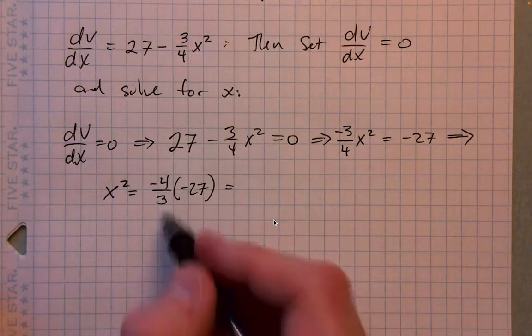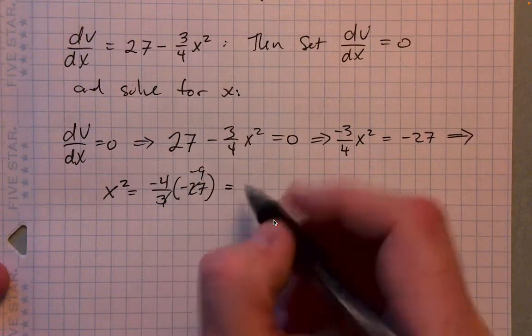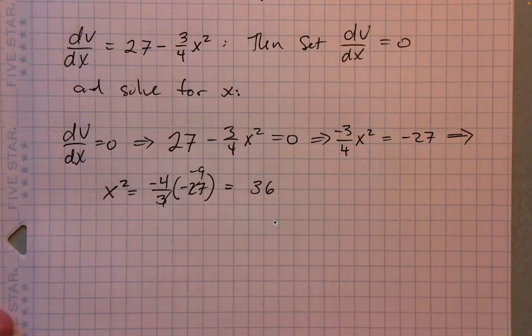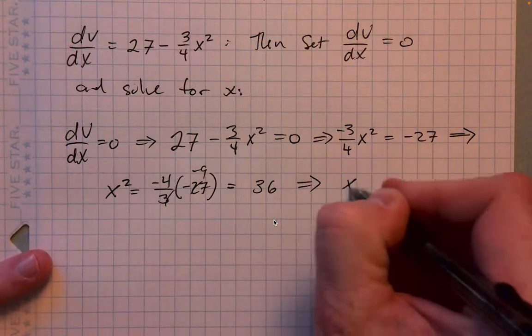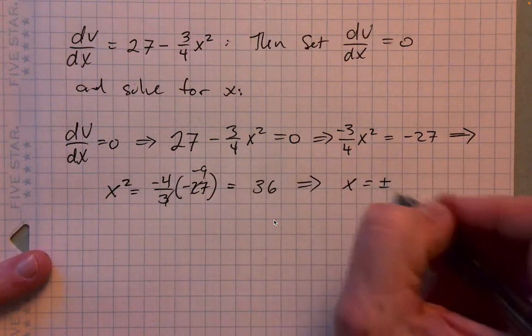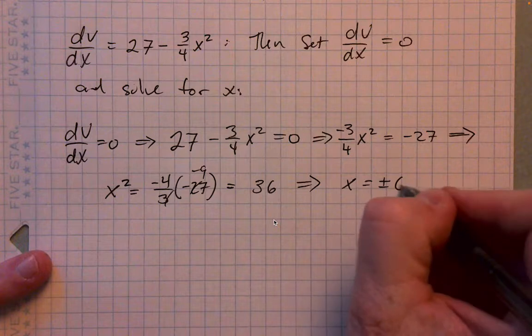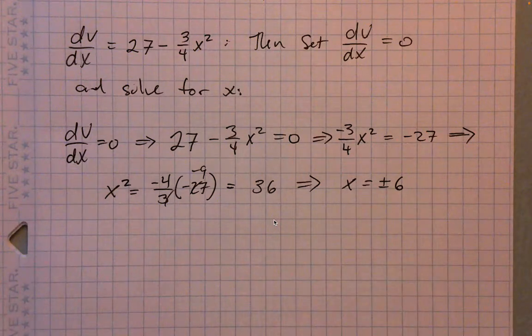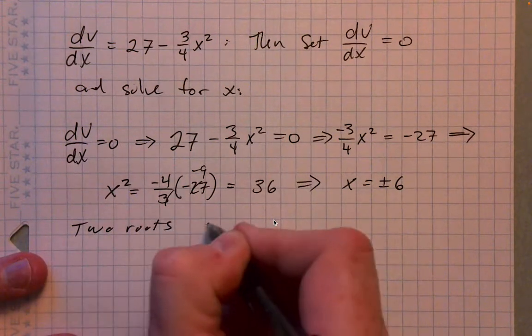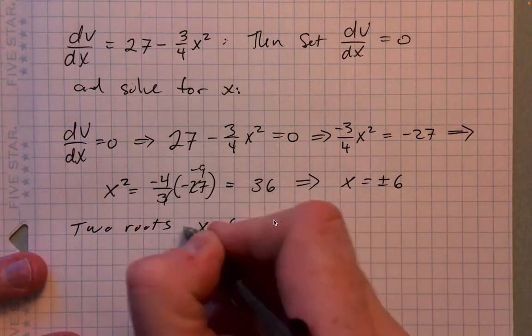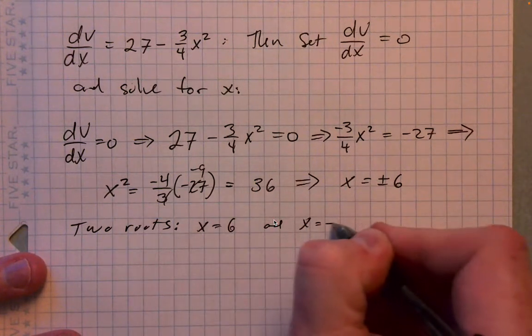So these two cancel. You get a negative 9, and altogether you get a 36 here, which is a very nice number, especially when it's x squared equals 36. So that means x is equal to plus or minus the square root of 36, which is plus or minus 6. Okay, so we have two roots of this derivative: x equals 6 and x equals negative 6.